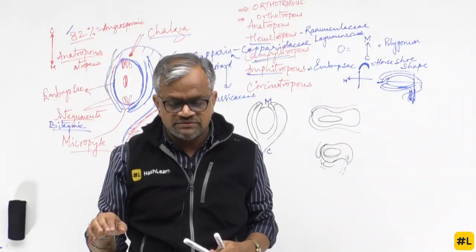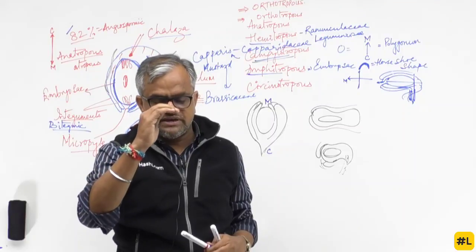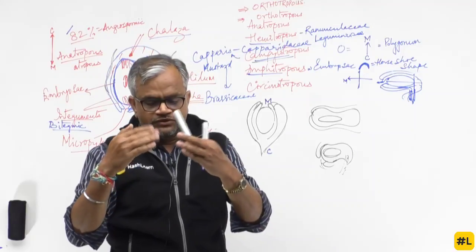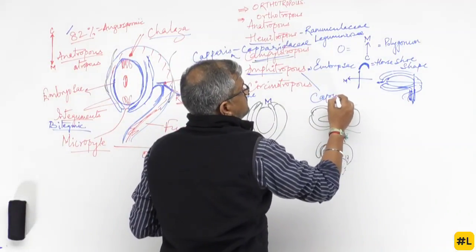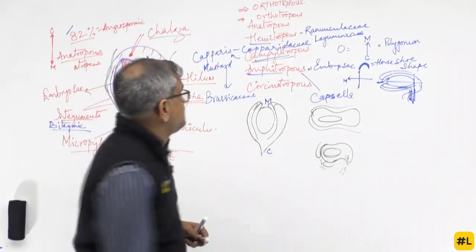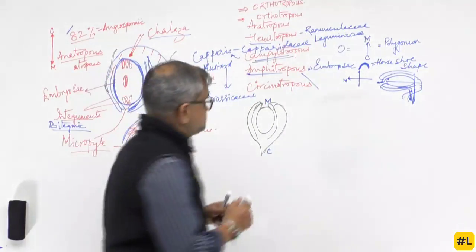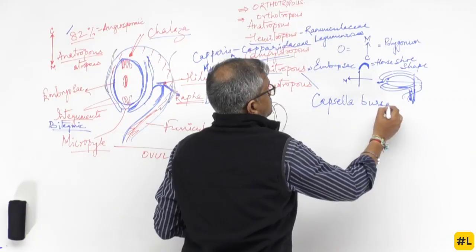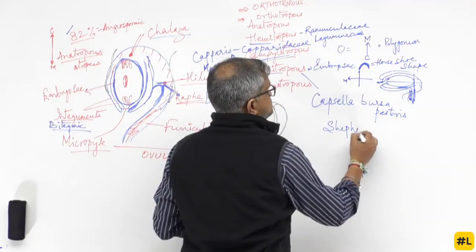And when I say this, the embryo sac becomes horseshoe shape, and the example is Capsella bursa-pastoris. Capsella bursa-pastoris, also called shepherd's purse.